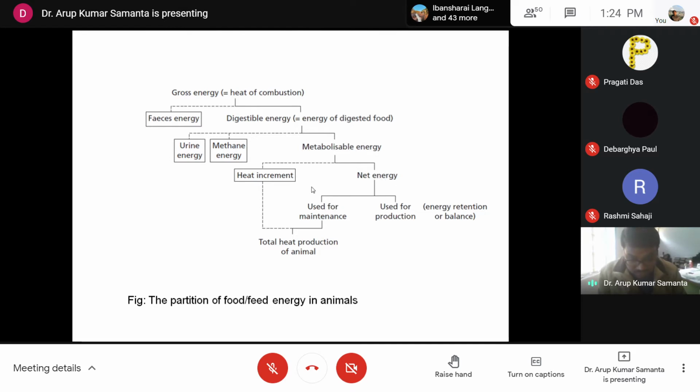Now the question is, what is this net energy? What is this metabolizable energy? What is this digestible energy? I told you the digestible energy, which is generated from the metabolism, and the metabolizable energy, which is generated from the digestible energy.